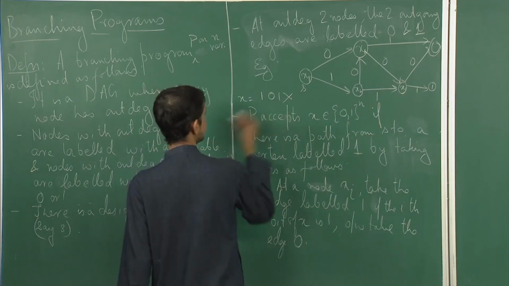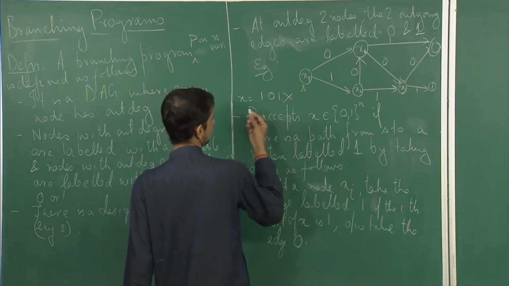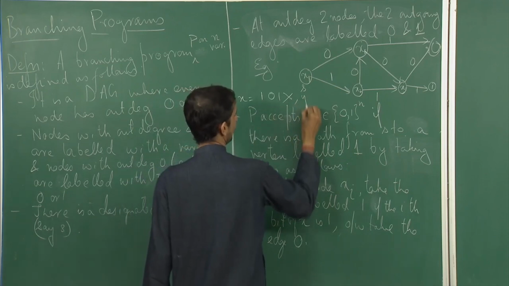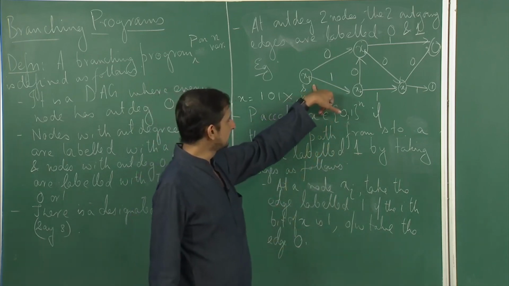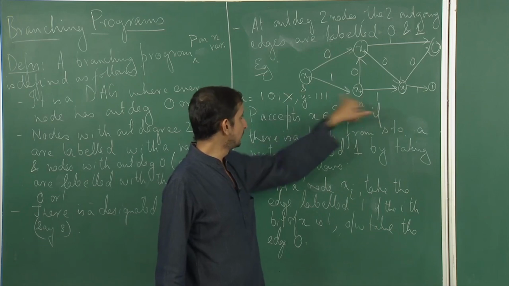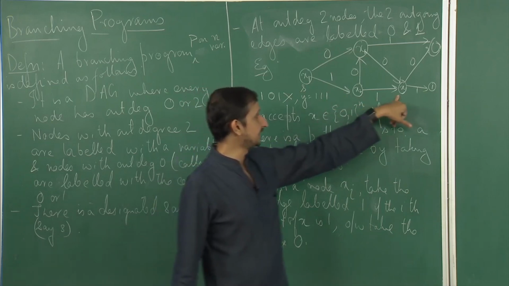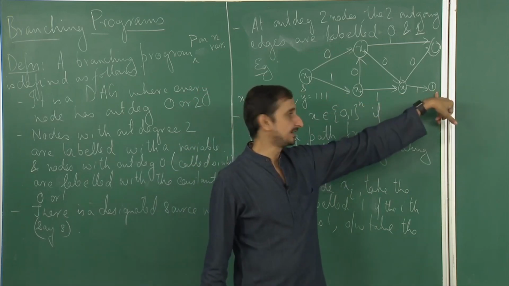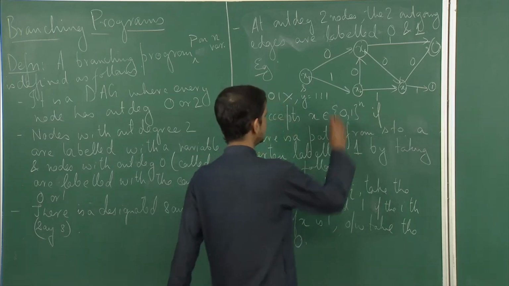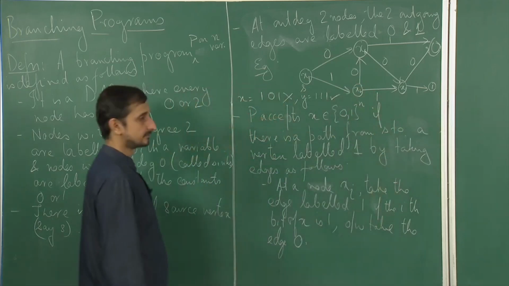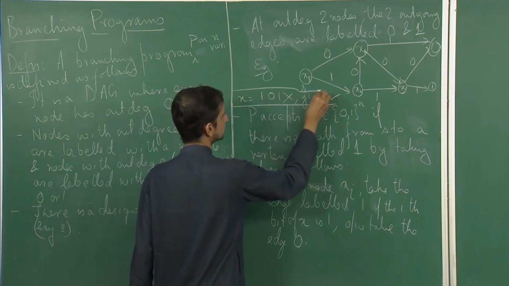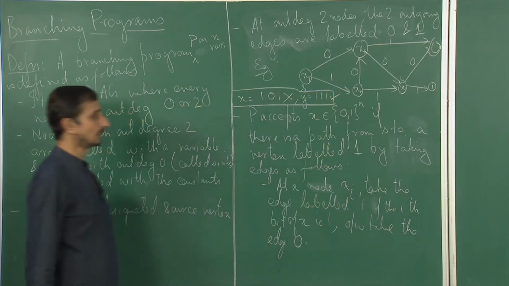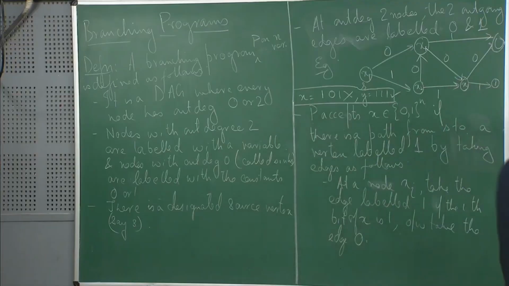On the other hand, if I consider another input y equal to 1 1 1: at x1 I take 1, then I reach x2, the second bit is 1, so I take a 1, here also the third bit is 1, I take a 1, I land at 1, so this is accepted. Okay. So this is how a branching program accepts or rejects an input.